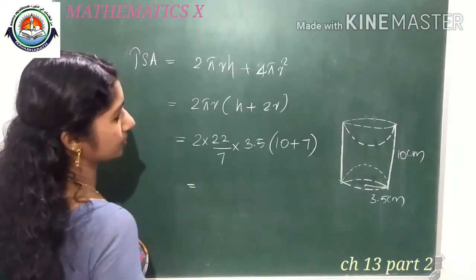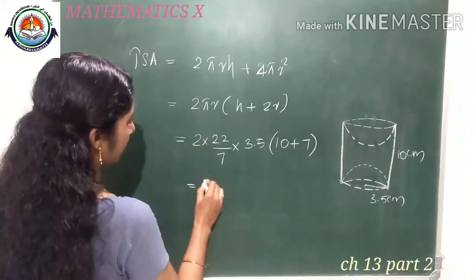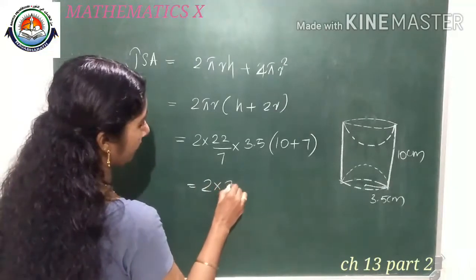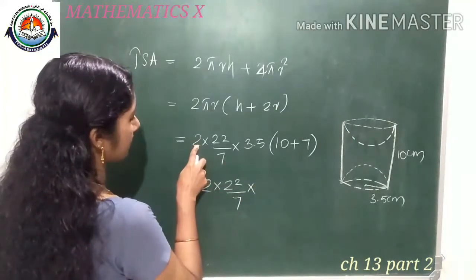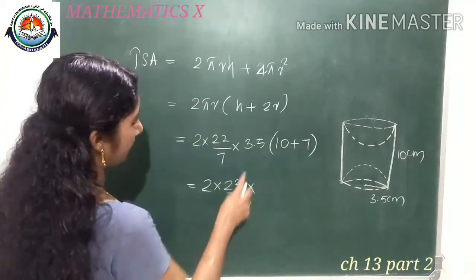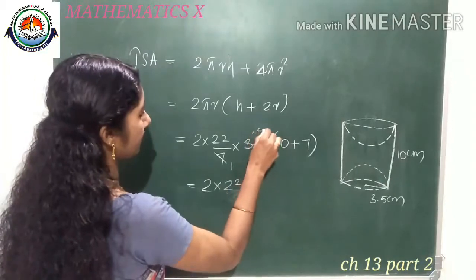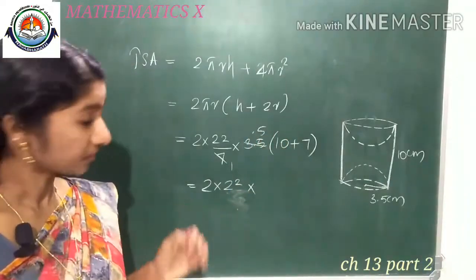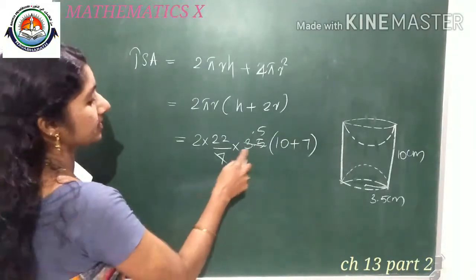Then it is equal to 2 into 22 by 7 into 3.5. 7 and 3.5 we can cancel. 1 7s are 7, 0.5 7s are 3.5.